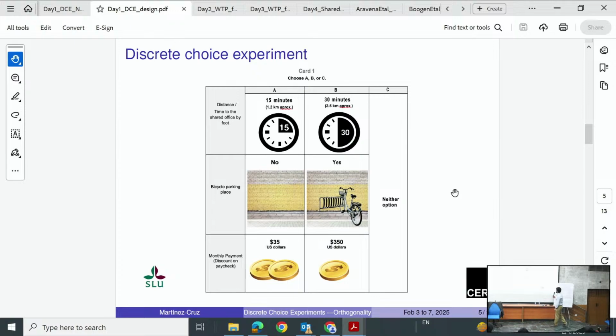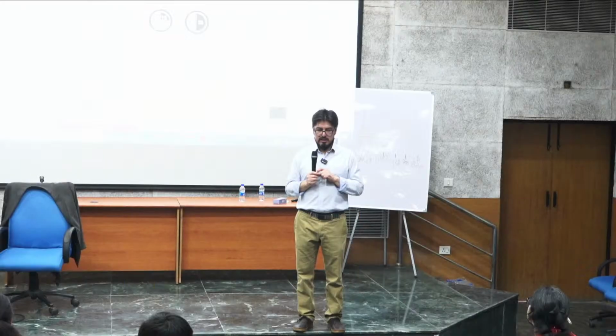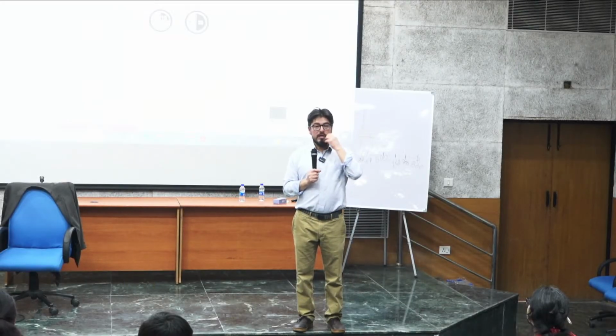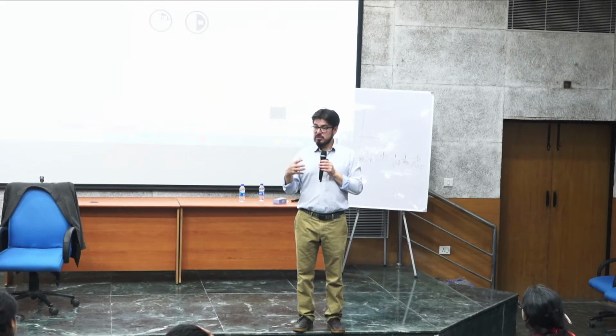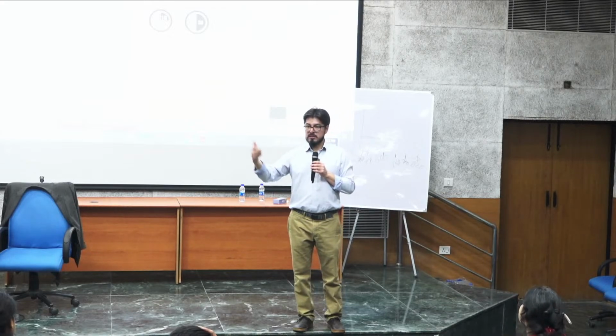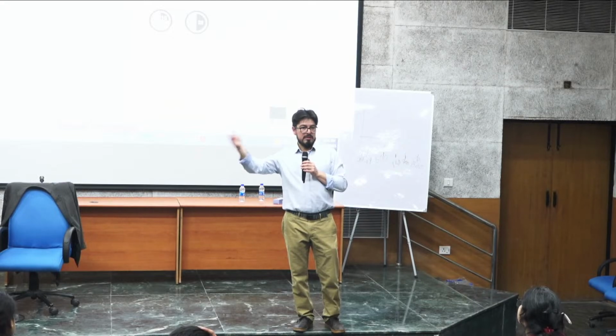What else has to do with design? Policy consequentiality, incentive compatibility, and payment consequentiality. Those are the questions that come after the survey, after the discrete choice experiment. I told you the one about how likely do you think that your opinion is going to be considered by the European Union government when taking this decision?